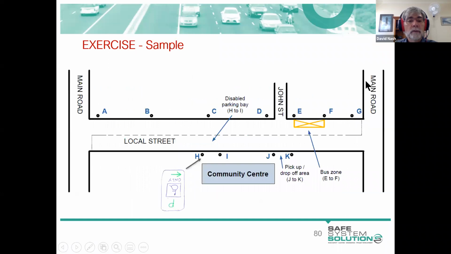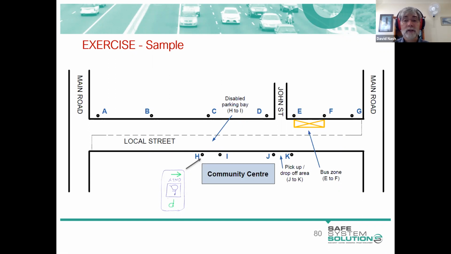Now, in doing so, we're not asking you to do a work of art. I've drawn one up here, and I've tried to use the right colours, green P and blue disabled parking symbol, and the word only is also in blue. So the colours are important, so try to do it in colour if you possibly can. And I've drawn this upside down because when you draw the sign face there, you need to make sure that the arrow is pointing in the direction that it should be facing.